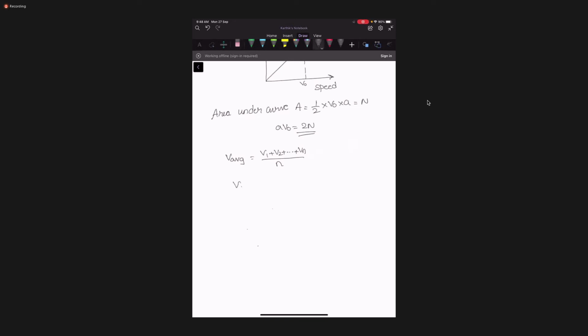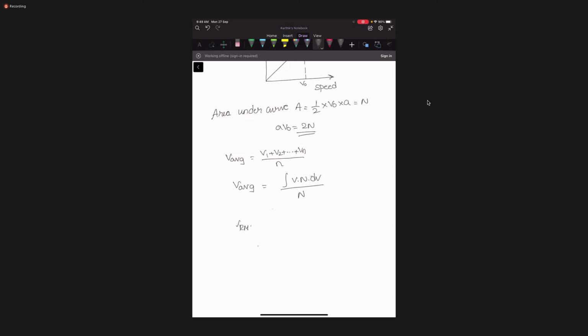Your V average is equal to integral V dN, that is V into N dV divided by N. This is correct.